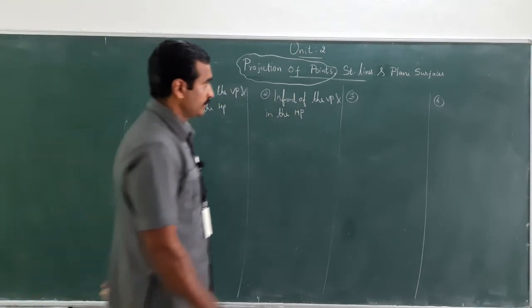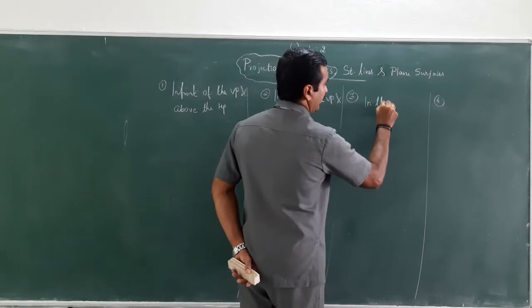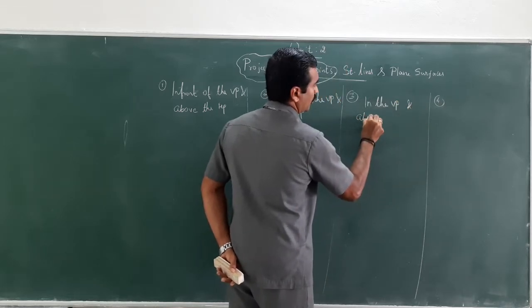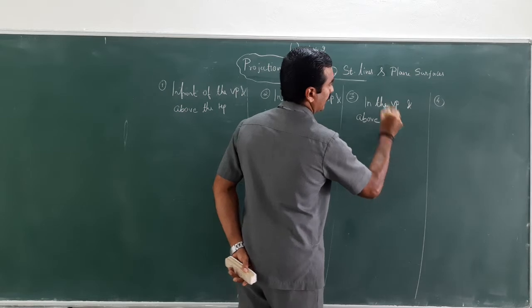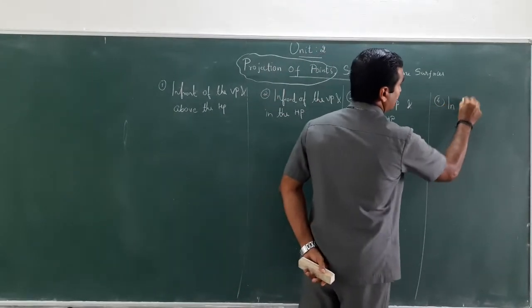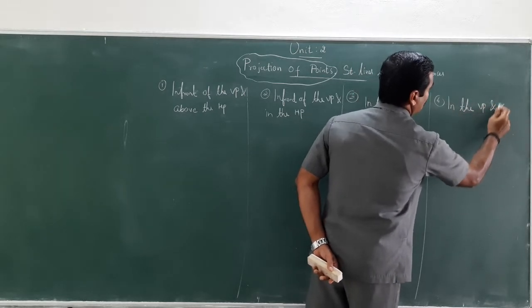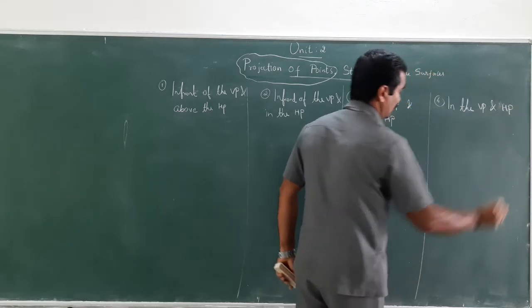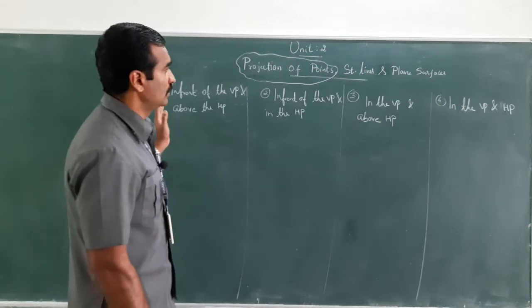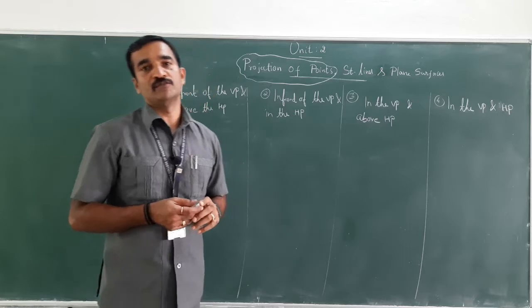The next one is in the VP and above HP. And the last condition is in the VP and in the HP. So these are the four conditions which we will cover in the first angle projection of the projection of points.